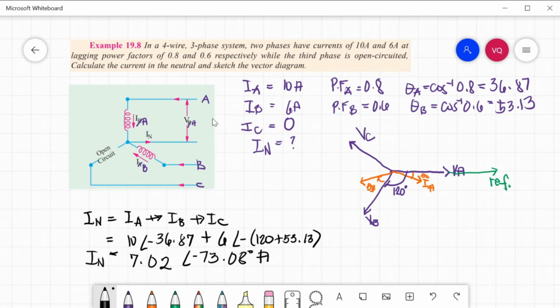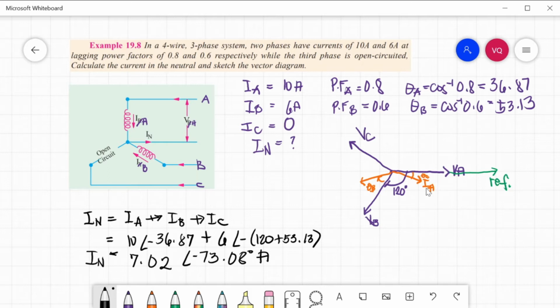Now we have to analyze, or first draw, the vector diagram. Our reference is the phase voltages VA, VB, and VC. VA is 120 degrees apart from VB, and likewise VB to VC and VC to VA.